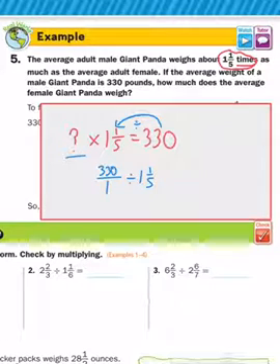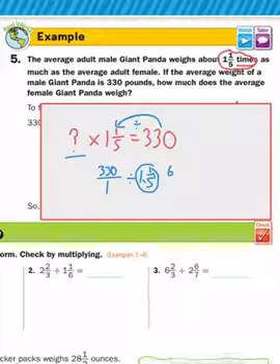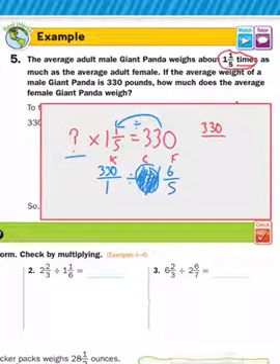I'm going to make sure the 1 1/5 becomes an improper fraction. So 1 times 5 is 5, plus 1 is 6. So that becomes 6/5. Now I'm going to keep, change, flip. And I'm going to keep it 330 over 1, change it to multiplication, and flip it to 5/6.